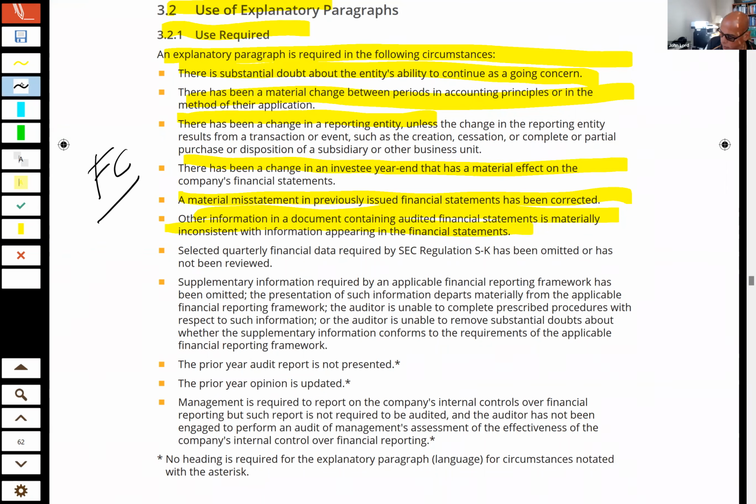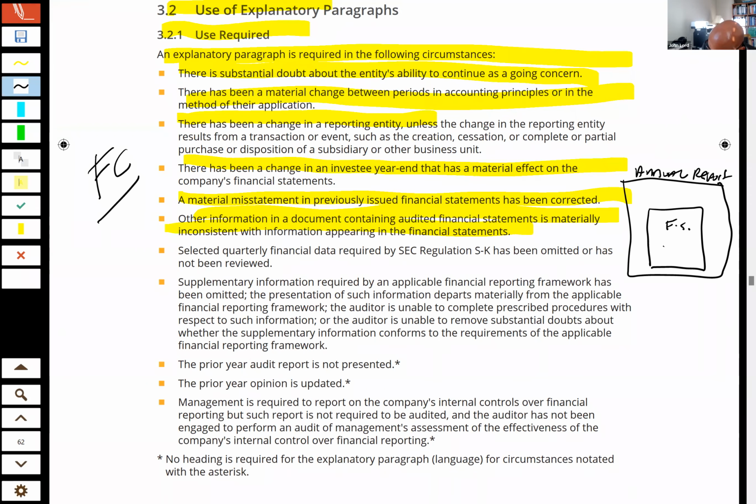Other information in a document containing the audited financial statements is materially inconsistent with information presented in the financial statements. What the heck does that mean? Okay, well, just picture this. Let's say this is the company's annual report. Well, inside the annual report is a presentation of the financial statements.